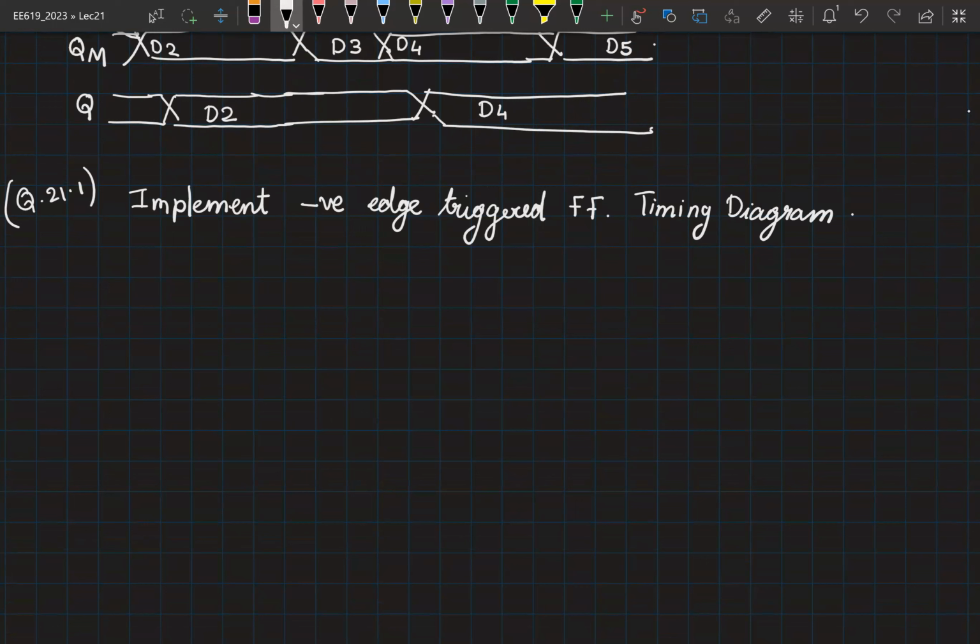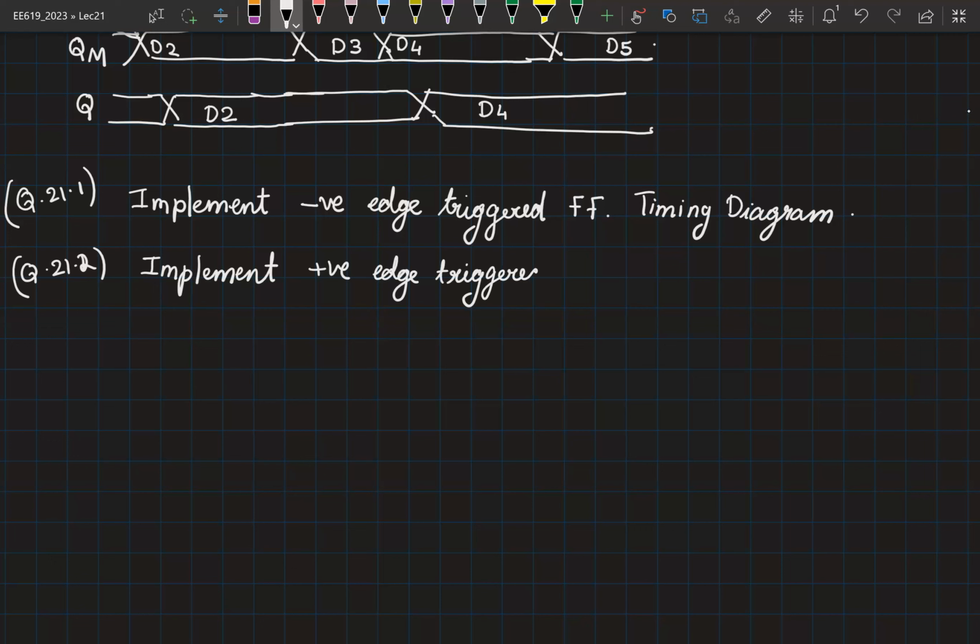So I'll make his suggestion as another question: implement a positive edge triggered flop using two positive latches.